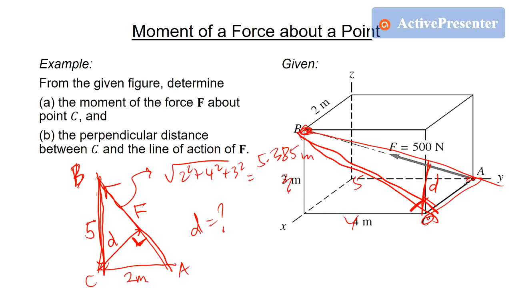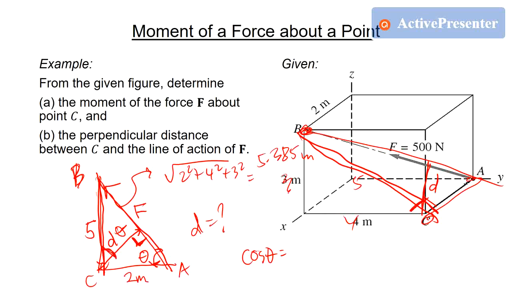5.385 meters. So if you want to get that distance D, you can have similar triangles. So theta right here is also this one. This is theta also. So we have cosine of theta.